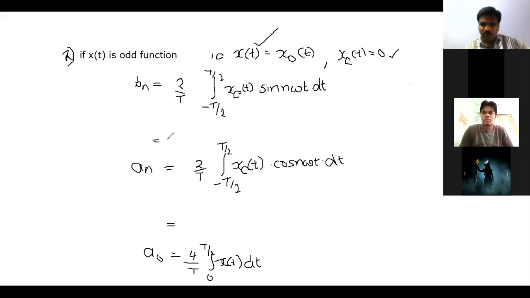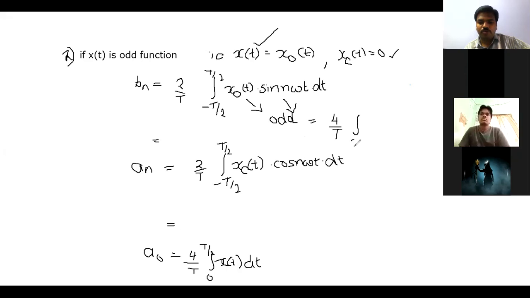So bn. Now see here, this is x naught of t. In this particular case, this is an odd function and this is also an odd function. So definitely you will have some value when you take the integration of the product of two odd functions. In this case also, again odd symmetry.